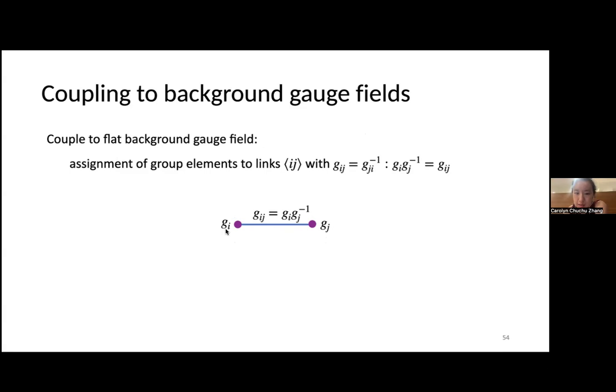So this Gi is a group element on the vertices, on the so-called matter, and then this Gij is associated to the links, and this Gij is simply given by Gi Gj inverse. So coupling to background gauge fields allows you to do local symmetry transformations and insert defects.